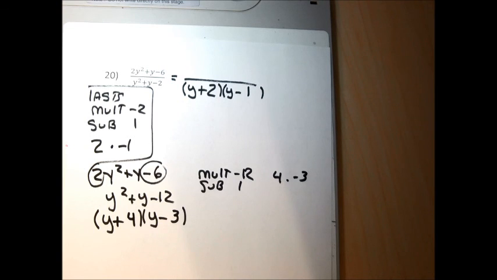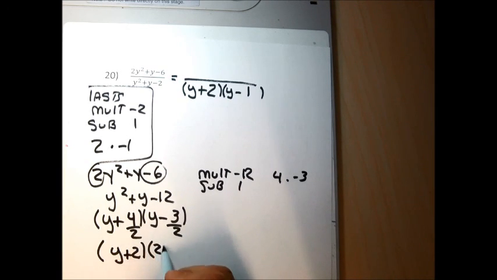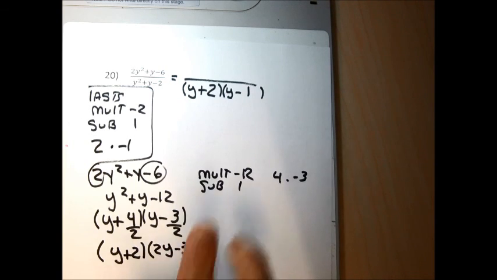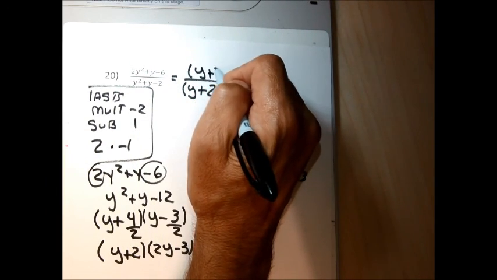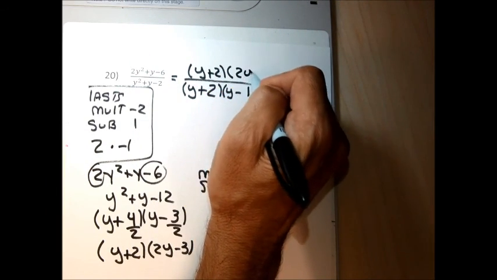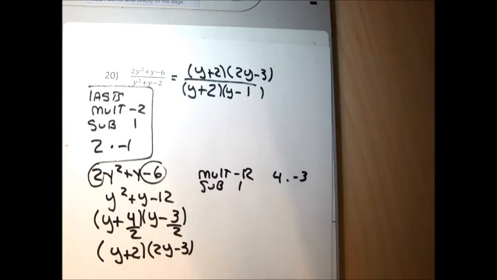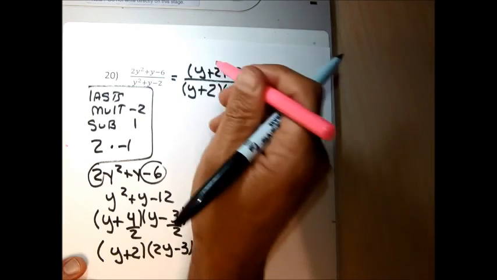I'm not done. I've only done the first 2 steps, and I need that 3rd step of bottoms up, the divide, reduce, bottoms up. I started off multiplying by 2. I'm going to divide by 2. The first fraction reduces to y plus 2. Second fraction, I bottom up and get 2y minus 3. So in the numerator of my work, I'm going to change the numerator to y plus 2 times 2y minus 3, because that's exactly what the numerator factors into using the bottoms up factoring.